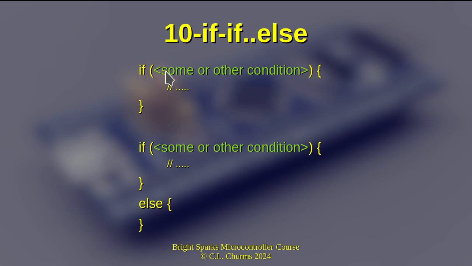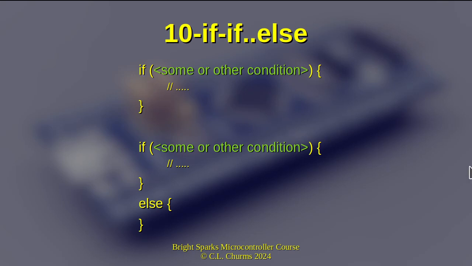So I can say if some other condition, I is less than 10 or whatever. Close the brackets, open the braces, and this is all the stuff that it will do inside that block, that if block.